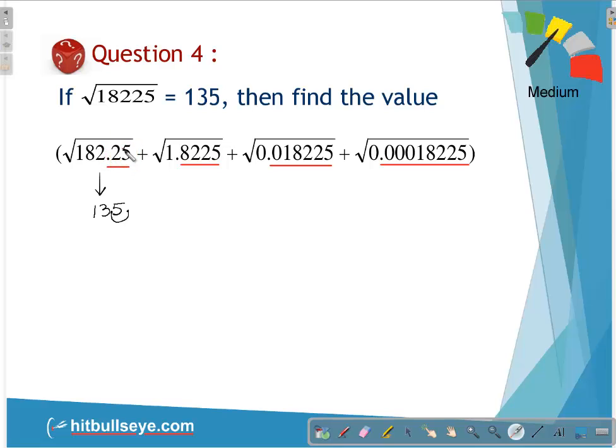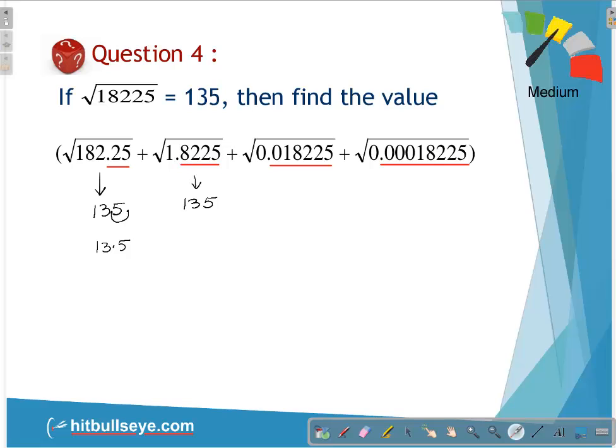I took half of 2, that is 1. So I shifted the decimal by 1 place. And hence the exact square root of this number becomes 13.5.